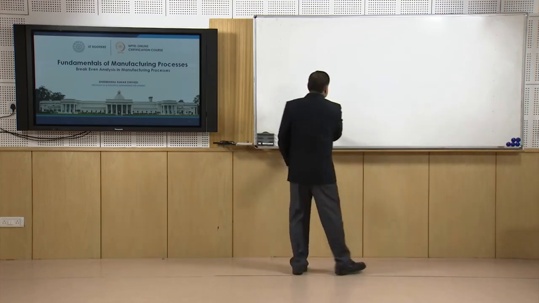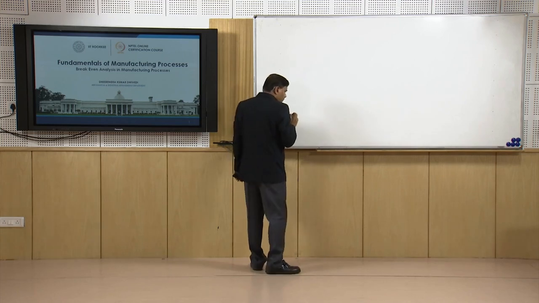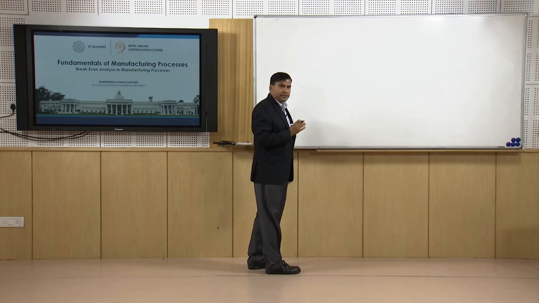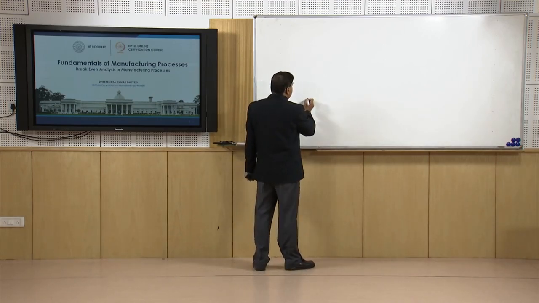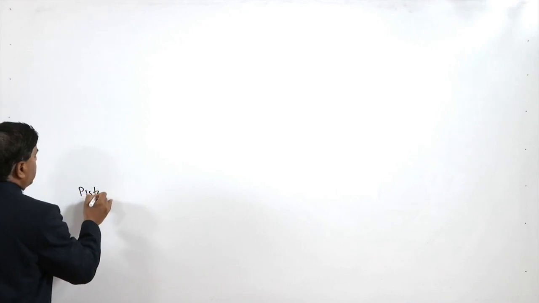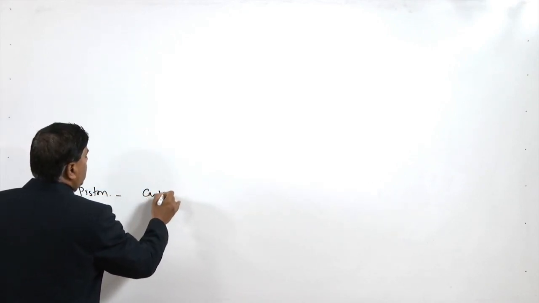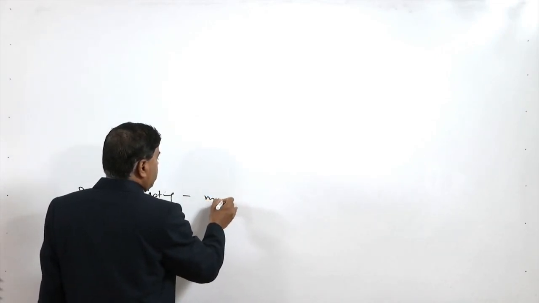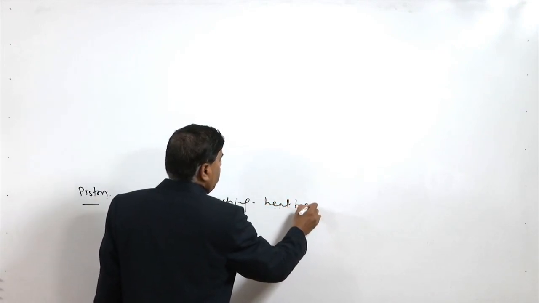So, let us first understand what we mean by the selection of a manufacturing process or selection of a combination of the manufacturing processes. Say if we have to make one piston, then first we need to do the casting, and thereafter it requires machining and then heat treatment.